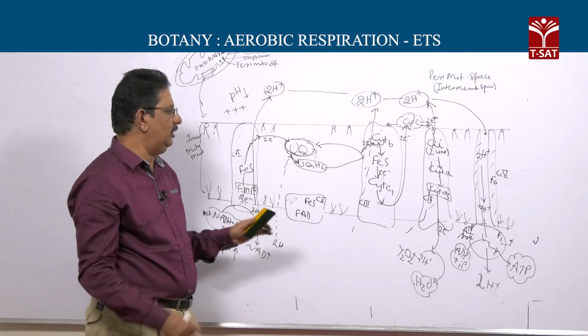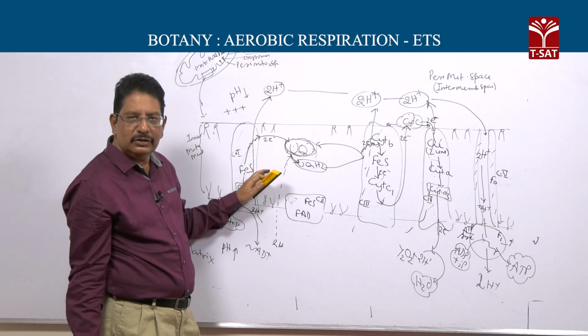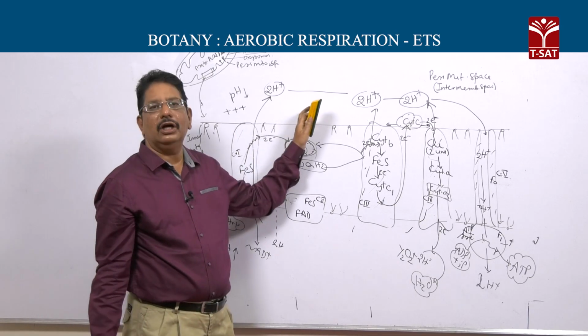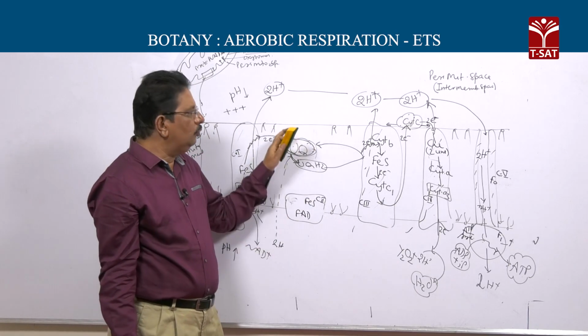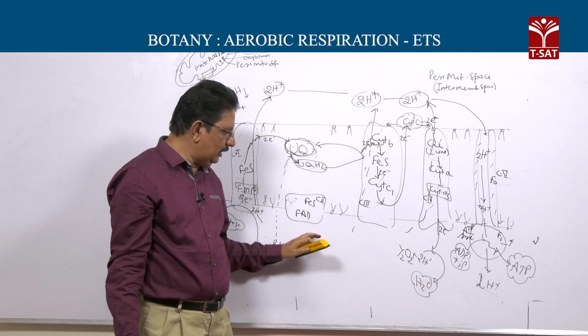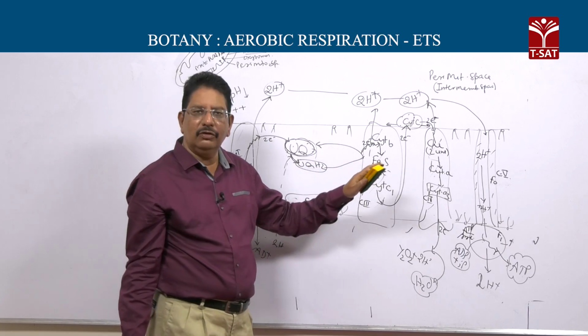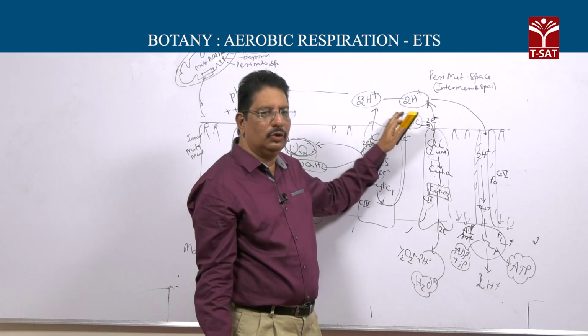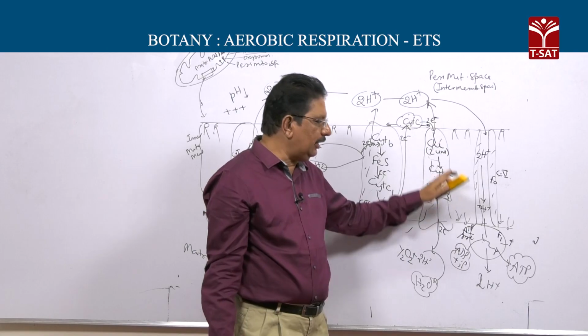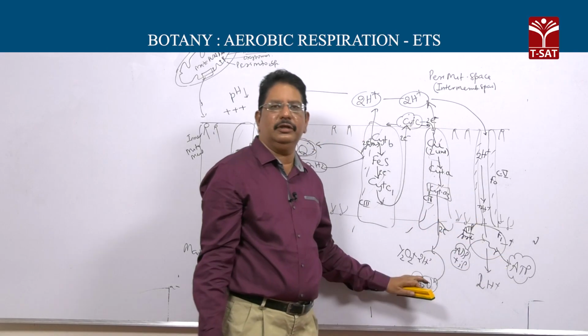So there is a combination. The electron transfer coupled with the proton translocation creates the proton gradient across the membrane, that finally develops a force called proton motive force, which drives the synthesis of ATP.